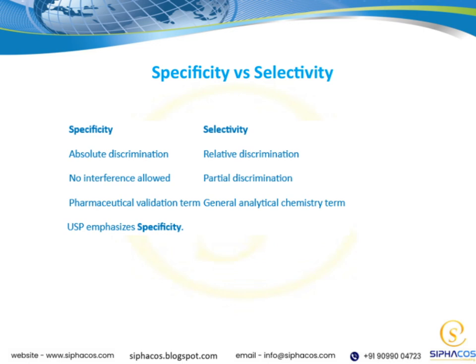An agent might prefer one target over others, but can still act on multiple sites. It's more like a key that fits several locks, but works best on one. Understanding this distinction helps us grasp how drugs or interventions can be designed to maximize effectiveness while minimizing side effects. This concept ties into our overall theme of how targeted actions improve outcomes in pharmacology and therapy.